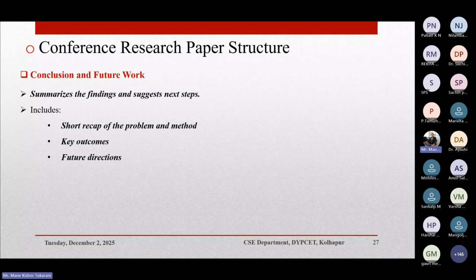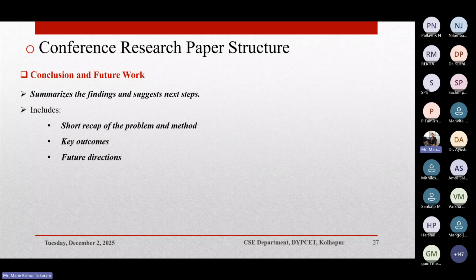And the next part is the conclusion section. Under the conclusion section, we need to write the summarization of the findings, and the scope for future extension of the work. It includes a short recap related to the problem and method used, and again whatever outcomes we have found.